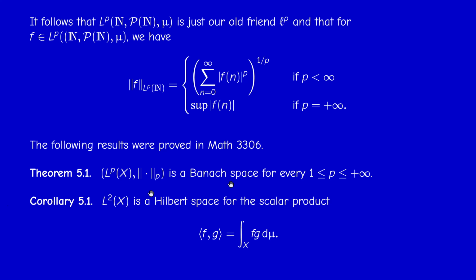In particular, when p equals 2, we get a Hilbert space. Now, what happens if p is less than 1? Well, we can always talk about the L^p spaces, but then this is not a norm anymore, because Minkowski's inequality is not satisfied if p is less than 1.